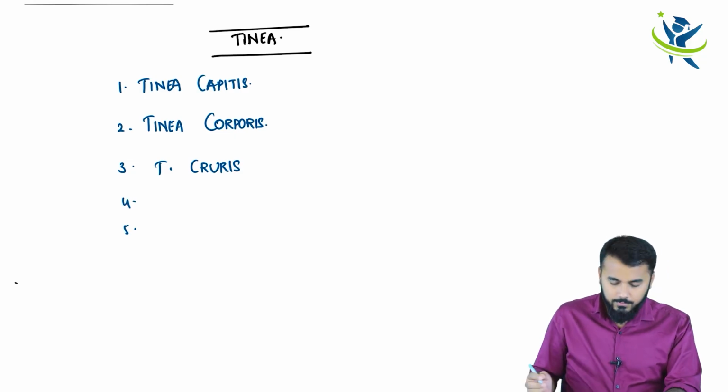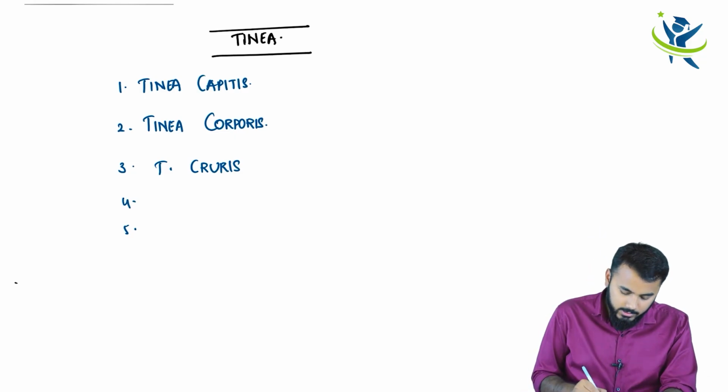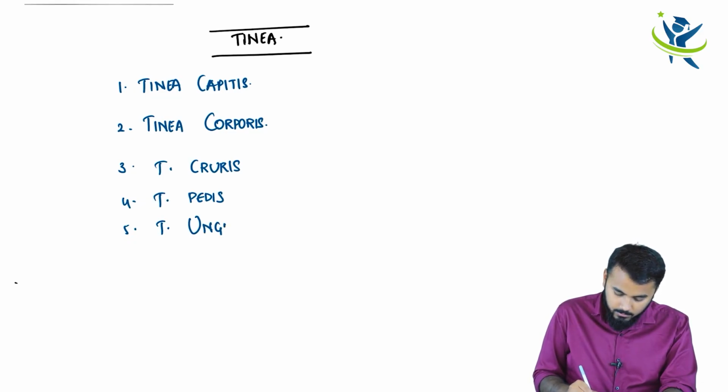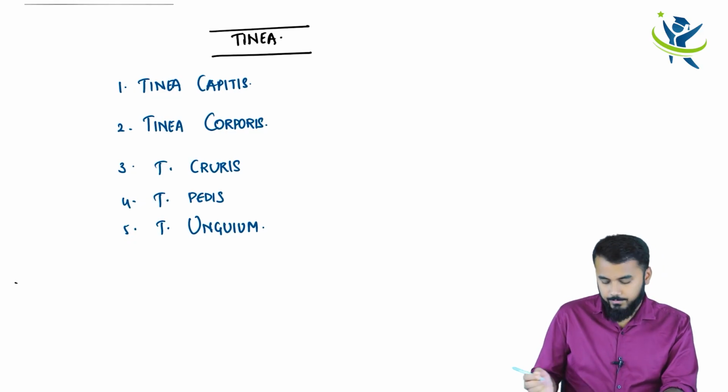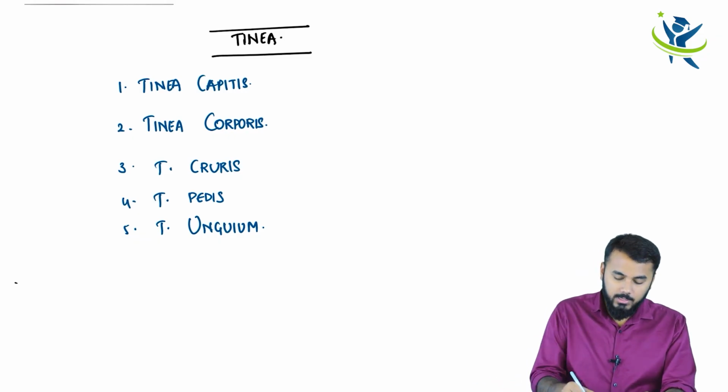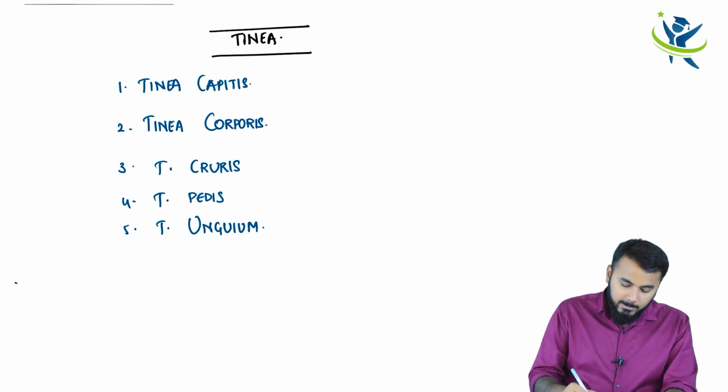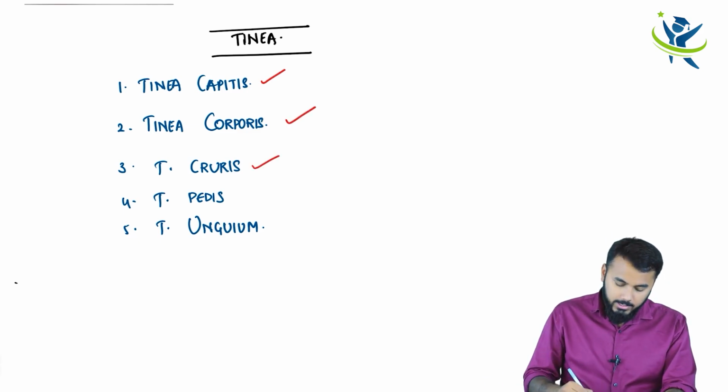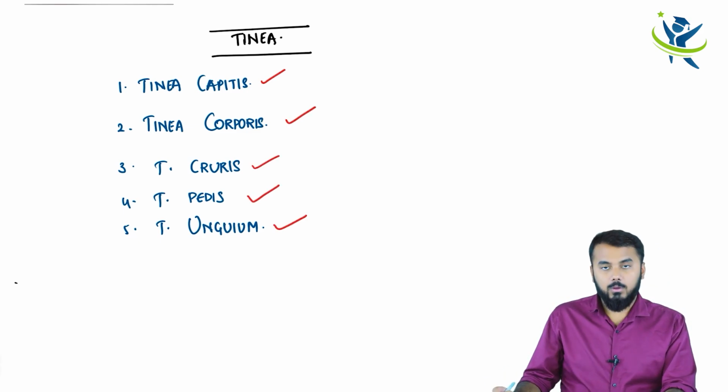And what are the fourth and the fifth? One is tinea pedis on the legs, right? And we have tinea unguium. So we have tinea capitis, tinea corporis, tinea cruris, tinea pedis and tinea unguium, right?